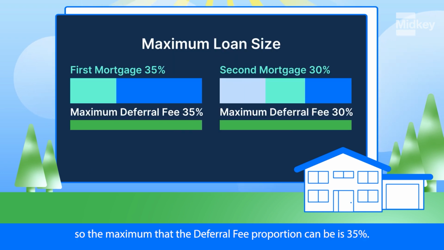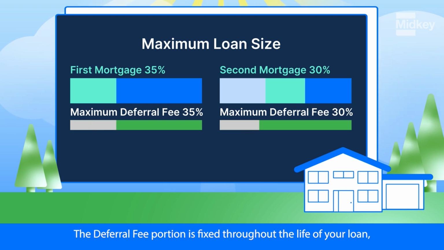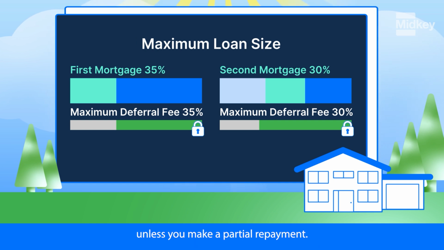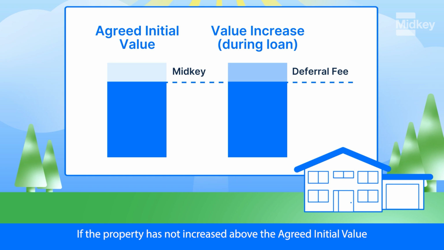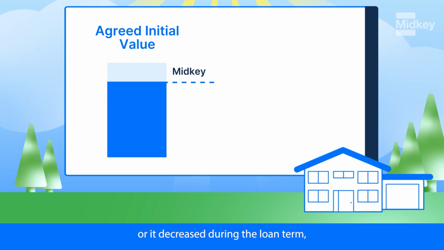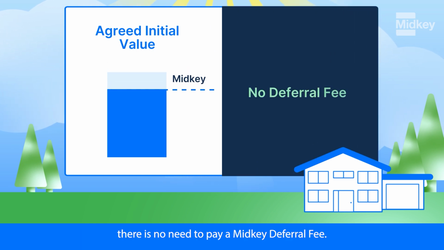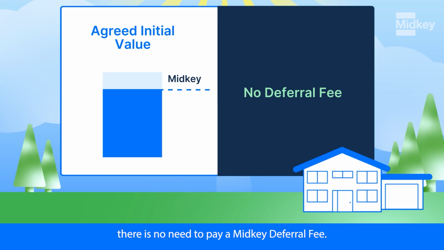So the maximum that the deferral fee proportion can be is 35%. The deferral fee portion is fixed throughout the life of your loan unless you make a partial repayment. If the property has not increased above the agreed initial value, or it decreased during the loan term, there is no need to pay a Midkey deferral fee.